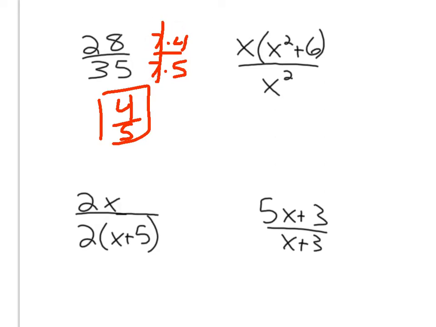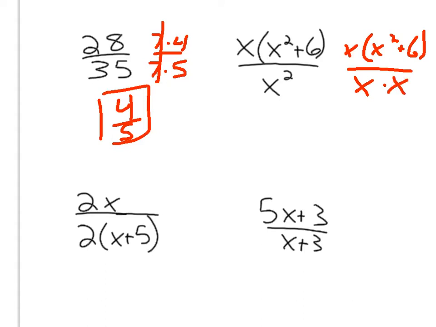On this one here, we got x squared on top and x squared on bottom. However, this is a term because it's being added here. So this expression is factored up top, but this one's not completely factored. We could rewrite this as x times x squared plus 6 on top over, and x squared is x times x.